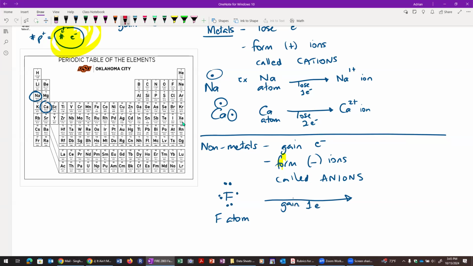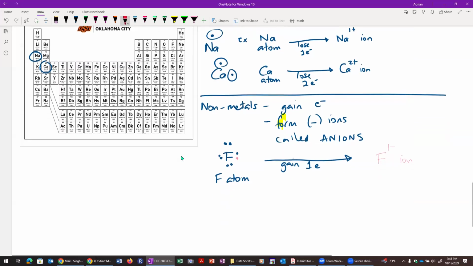So we can stick an additional electron in here. And by doing that, we end up with not the fluorine atom anymore. We stuck 1 electron in. So whatever we end up with, the F is going to have a 1 minus charge on it. So that's the fluorine ion that we end up making.